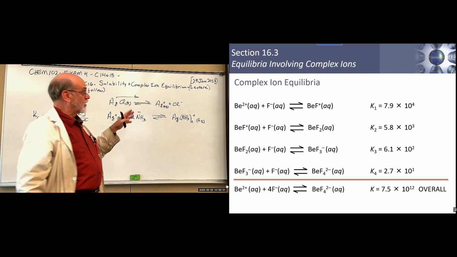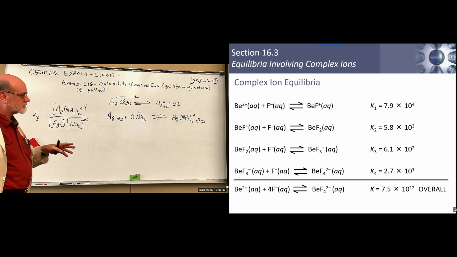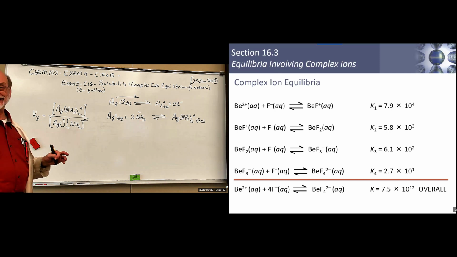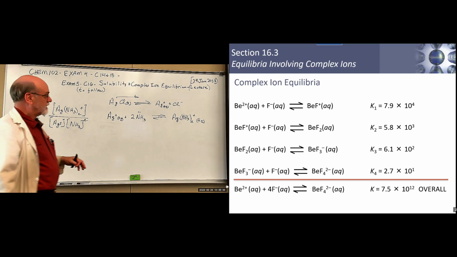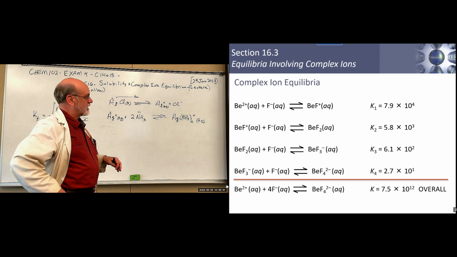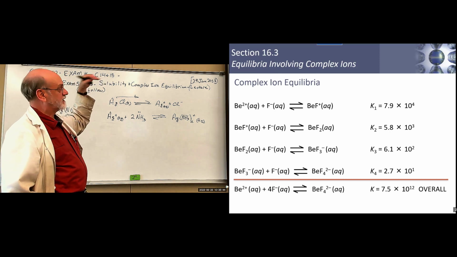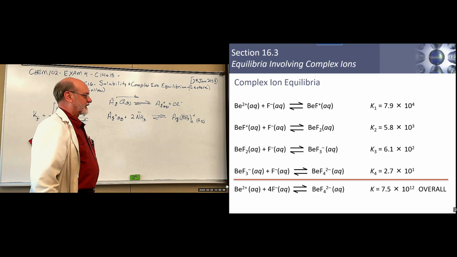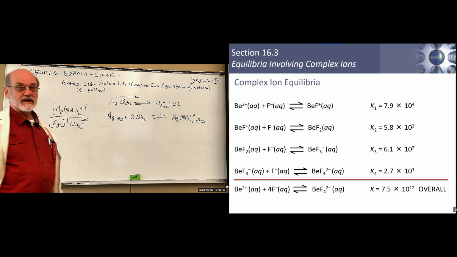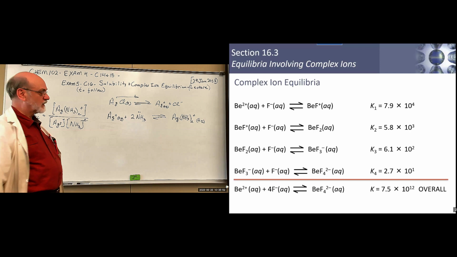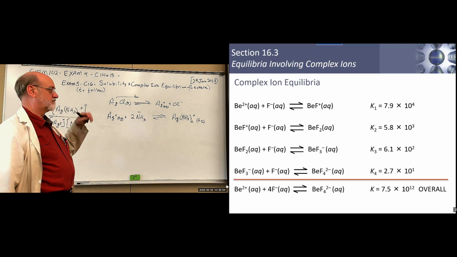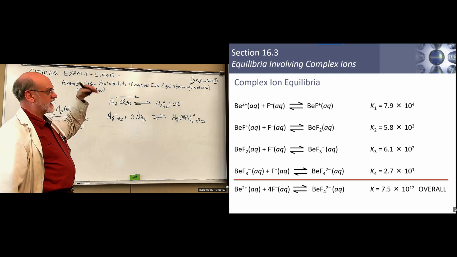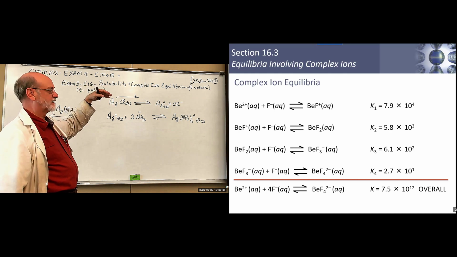In this case, we've got beryllium and fluoride. And this one has 4 ligands. Fluoride is the ligand in this case. So we've got a K expression for the first ligand, for the second ligand, for the third ligand, for the fourth ligand. And notice they're all greater than 1. The last one is 27. The next to the last one is 610.